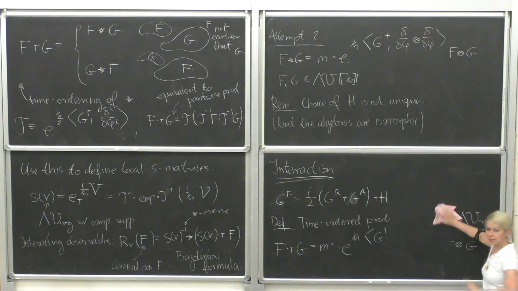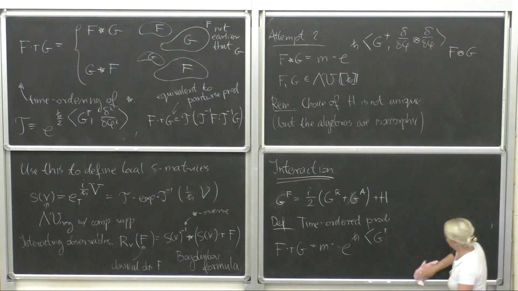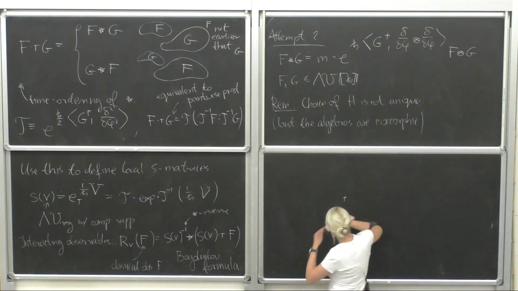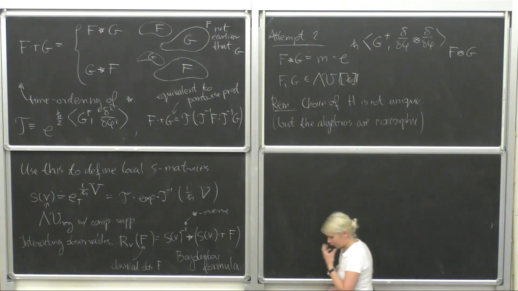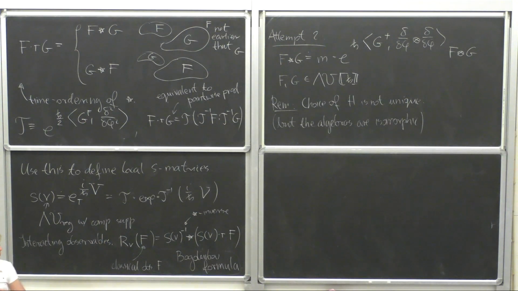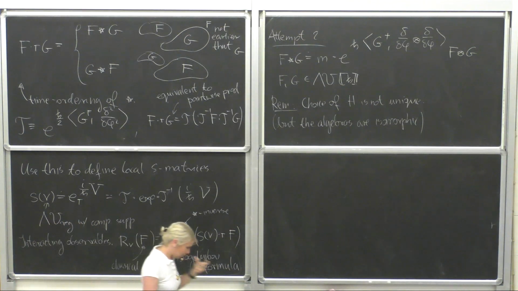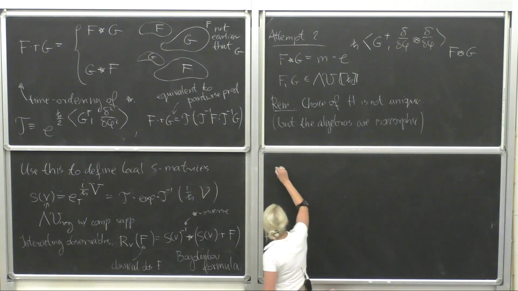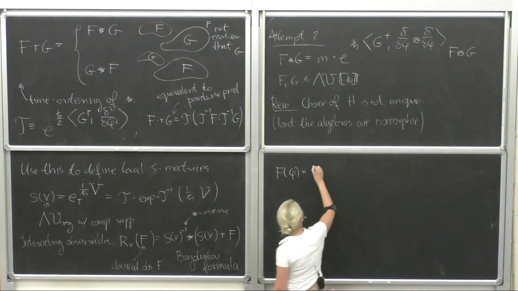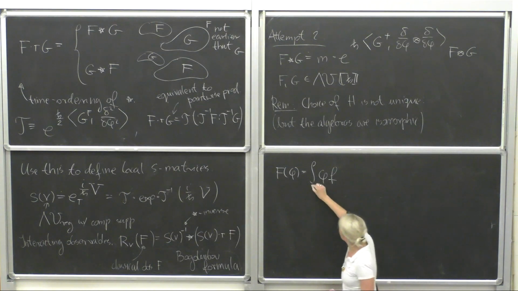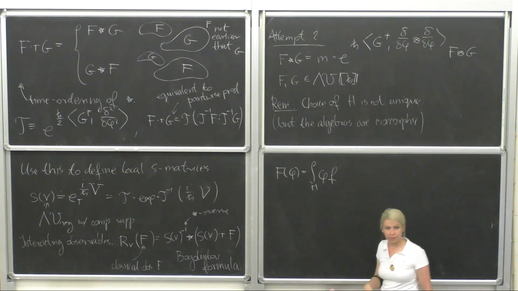So how badly did I really restrict myself? From quantum field theory, interactions are local, right? Observables are local, so we want local things. I assumed things to be regular, so all the derivatives have to be smooth. Let's take a functional which is just an integral of a field with f, okay?